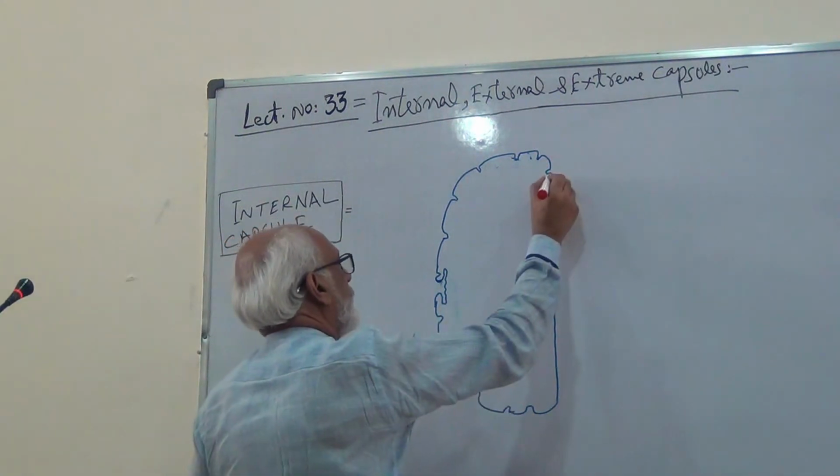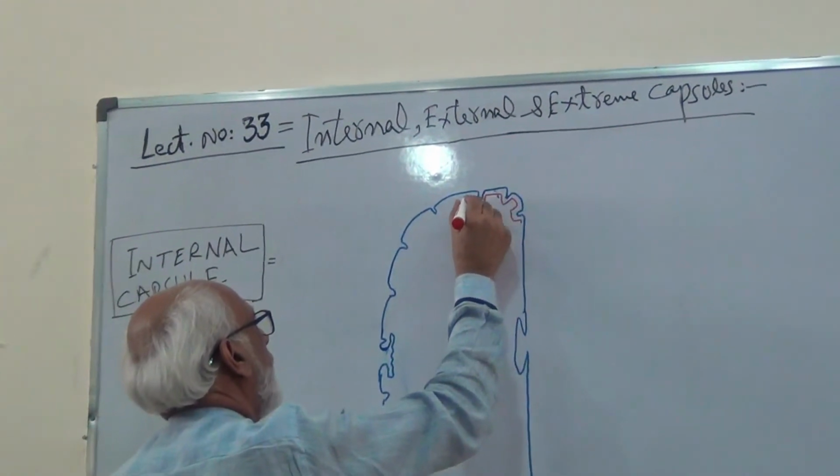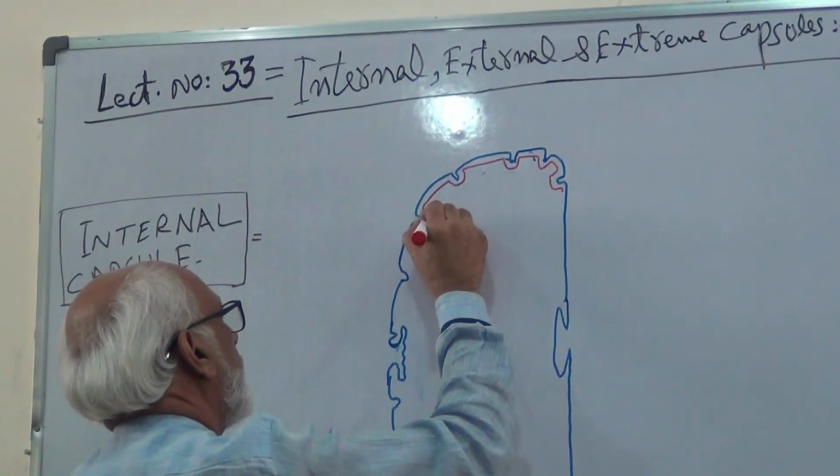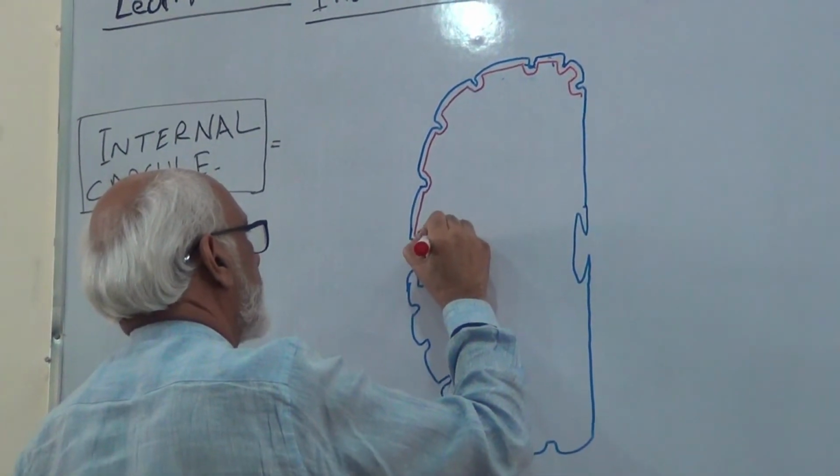So, a section through one cerebral hemisphere at the level of insula or posterior ramus of the lateral sulcus.